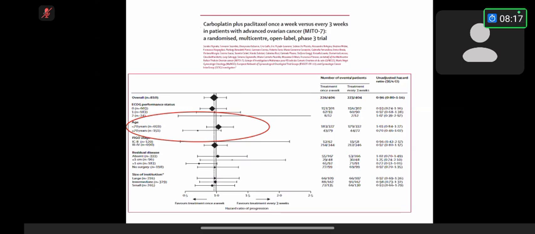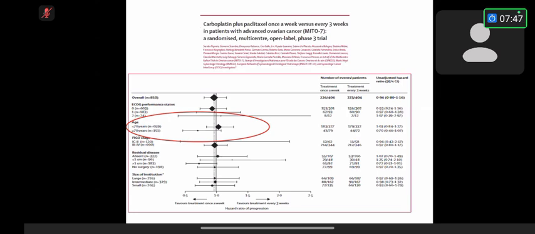What they observed was that the side effects were actually less in this modified dose dense regimen with the lower dose of paclitaxel. And what I have highlighted here is the patients who are more than 70 years. In patients more than 70 years, if you see, weekly regimen was favored in terms of outcomes. Why? Because weekly regimen with paclitaxel of 60 mg per meter square was associated with less toxicity.